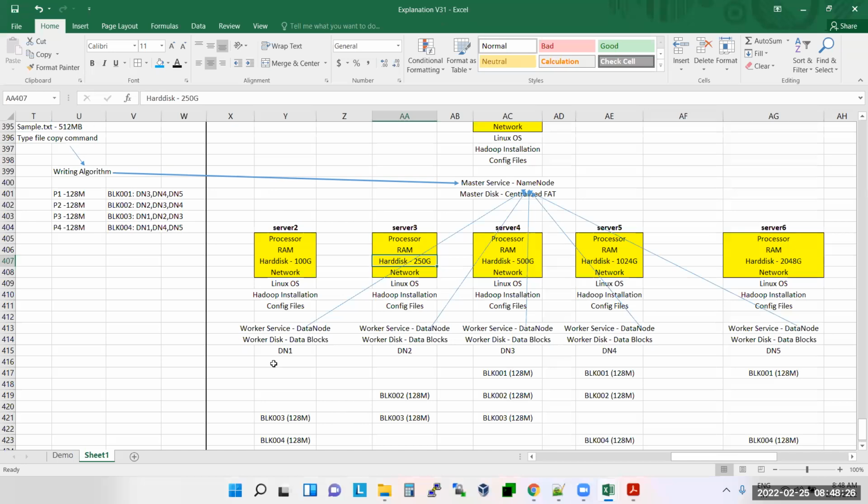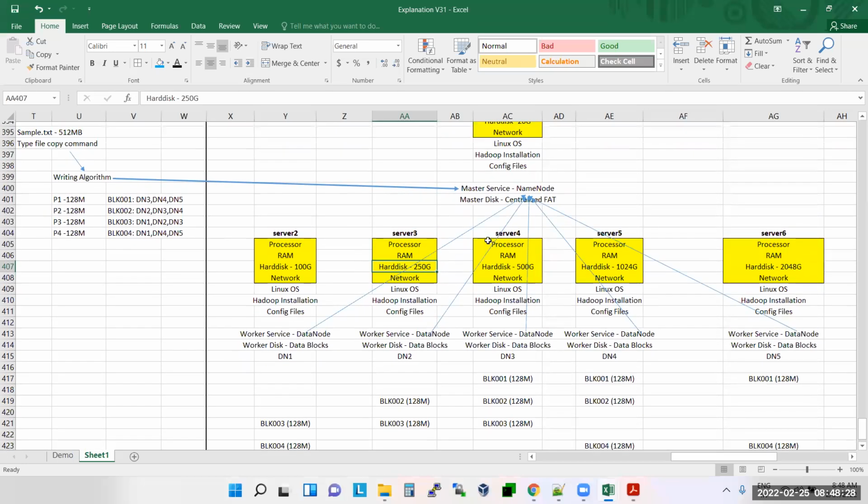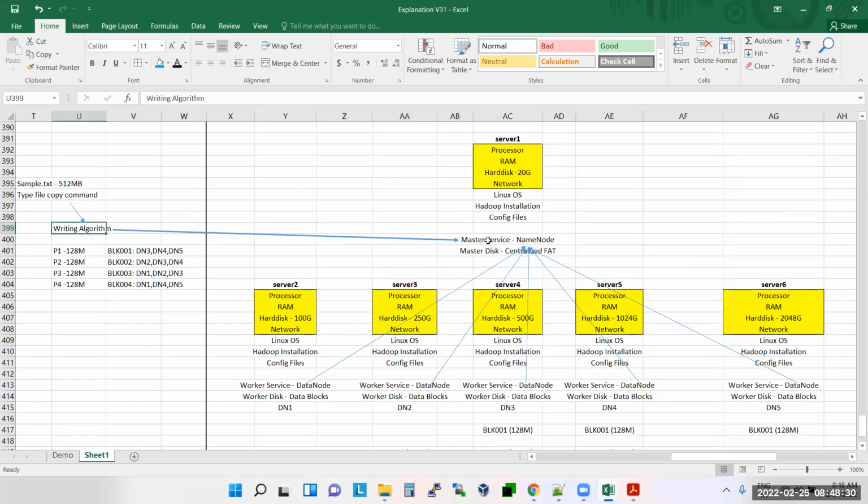Now, once the work is done, the writing algorithm will update the name node: name node, my work is done, please update the metadata. Now the name node will update the centralized fact. So this is the centralized fact.